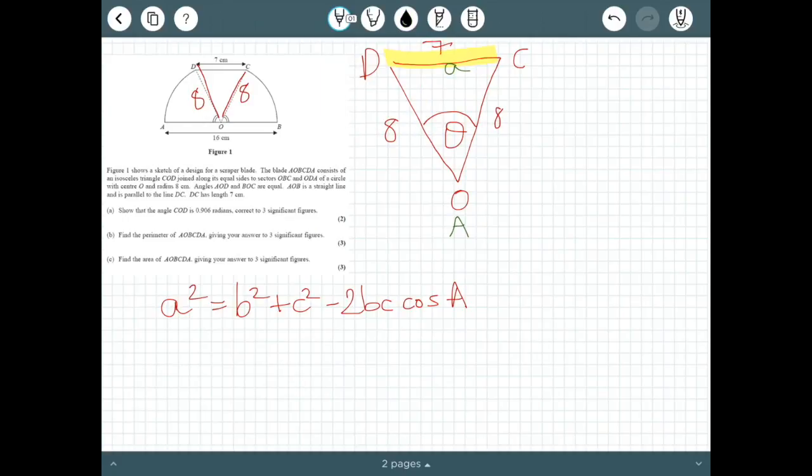Now, we're trying to find the angle, so we can rearrange this equation. We can write that as cos A is the same as a squared minus b squared minus c squared all over minus 2bc.